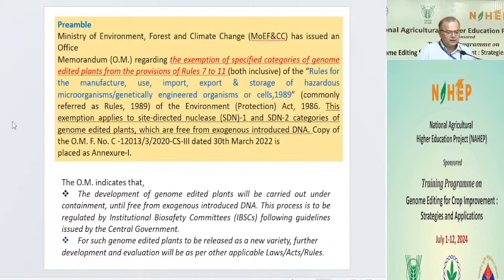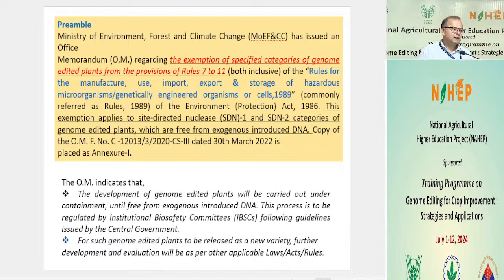saying that if it is an SDN1 and SDN2 category of changes, they will be exempted from rules 7 to 11. So, not all the rules, but rules 7 to 11 that need to be followed in case of transgenic material. There is a set of guidelines which is commonly known as rules 1989.